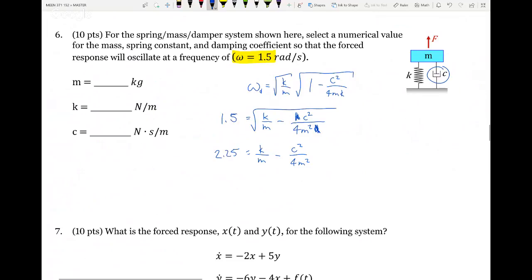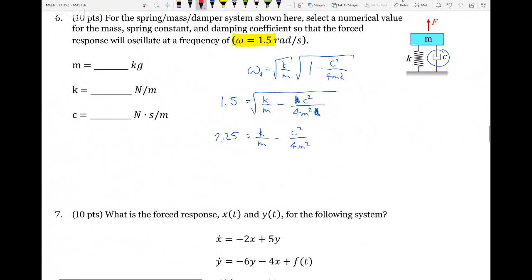From here, this is really kind of arbitrary. The one thing I do want to try to do is make this term, minus some positive number, equal 2.25. So we'd like to make k over m bigger than 2.25 because we don't want those being imaginary. It doesn't have to be way bigger. Let's make this, say, 2.5.